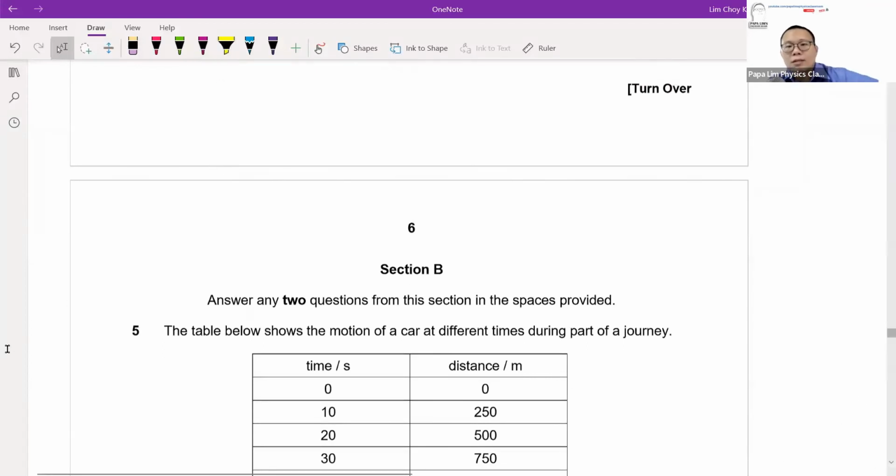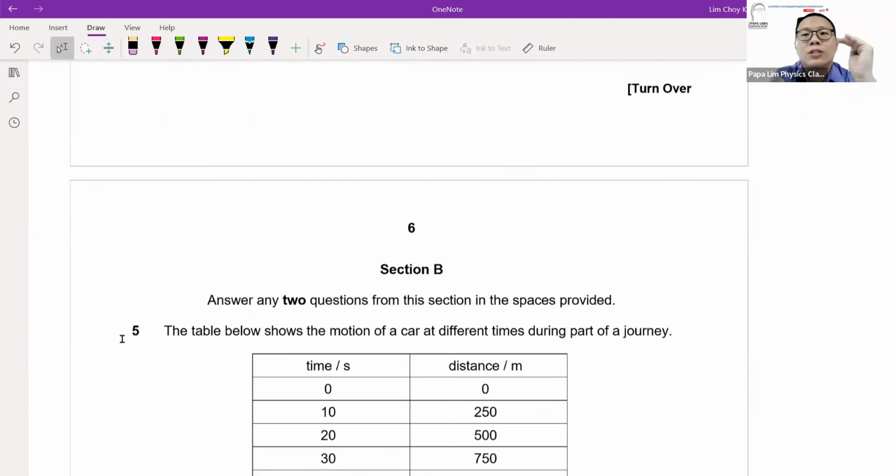Now, in section B the students are required to choose 2 questions out of 3. Remember on the day of the exam, read all 3 questions first. Don't just do the first question in section B because it could be easy, or just do the last question because you think it could be easy.